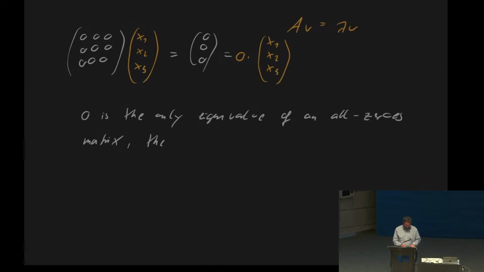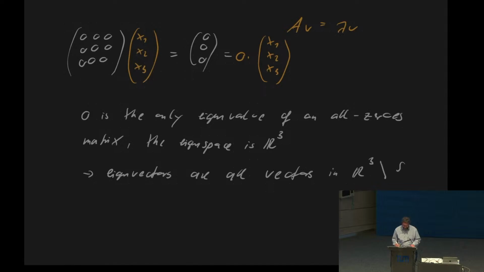So what that means is the eigenspace is R3, or Rn in general. The eigenspace does include the zero vector, even though it's not an eigenvector. That's a little tricky. And that means the eigenvectors are all vectors in R3 without the zero vector.